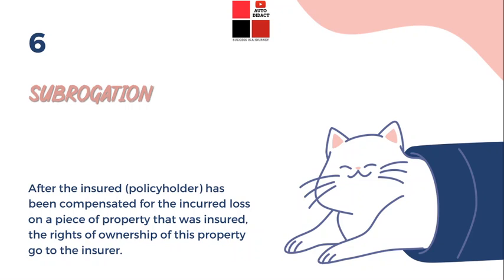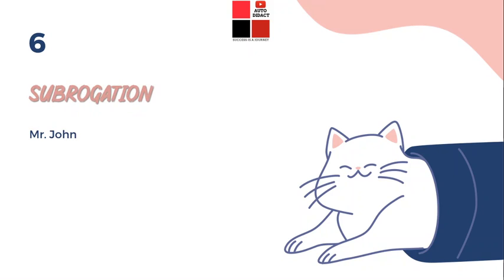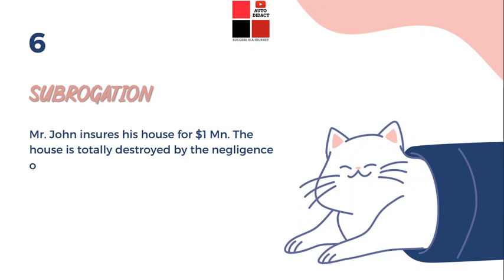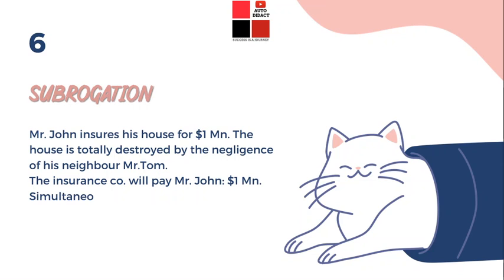The insurer can benefit out of subrogation rights only to the extent of the amount he has paid to the insured as compensation. For example, Mr. John insures his house for $1 million. The house is totally destroyed by the negligence of his neighbor Mr. Tom. The insurance company shall settle the claim of Mr. John for $1 million.